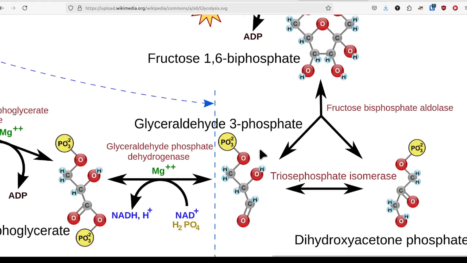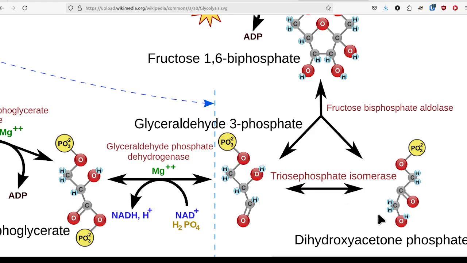Let's go down here. You can write that down: C6H10O6 and 2 PO3 2 minuses. Down here we've got C3, H1, 2, 3, 4, 5, O3, and 1 PO3 2 minus.